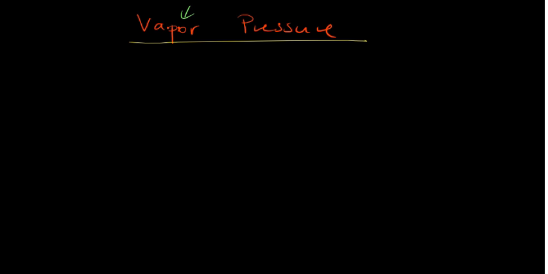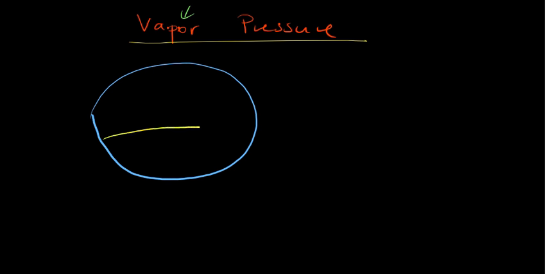I'll give you this example. Let's assume we have this as our container, a spherical container, and we fill it with a liquid to that level. Vapor pressure in this container will be the pressure exerted by the gas particles, or in other terms, vapor.